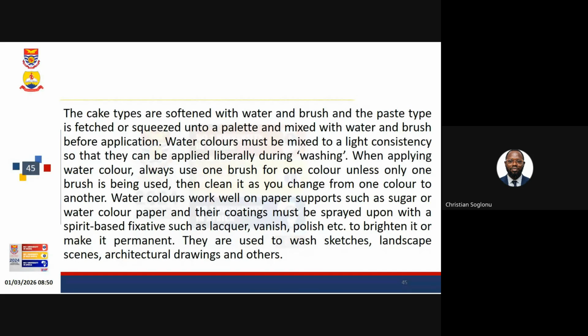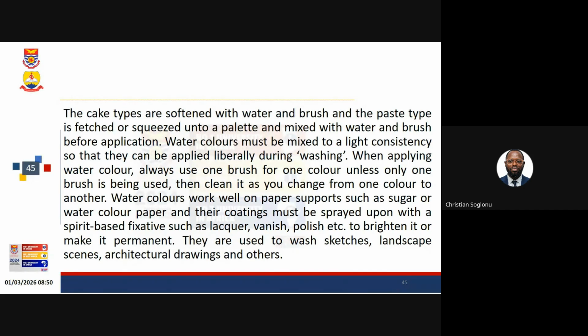You add more clean water so that you can get a light red. Watercolors are mixed with light consistency so that they can be applied liberally during washing. When applying watercolor, always use one brush for one color unless only one brush is being used.